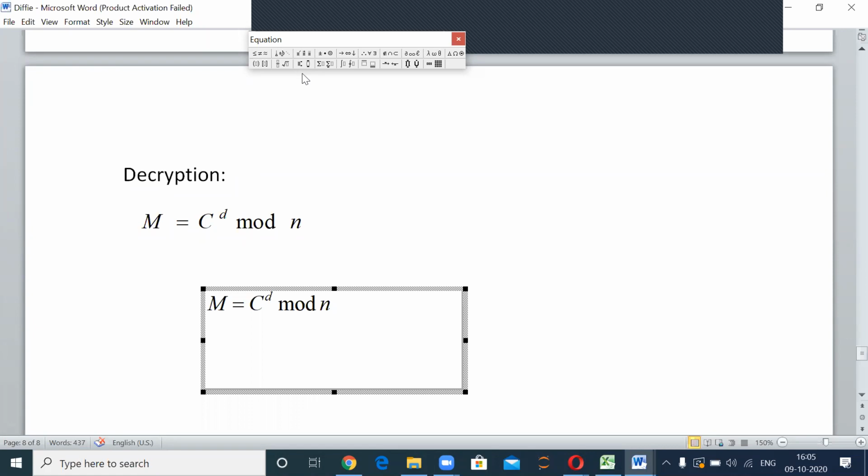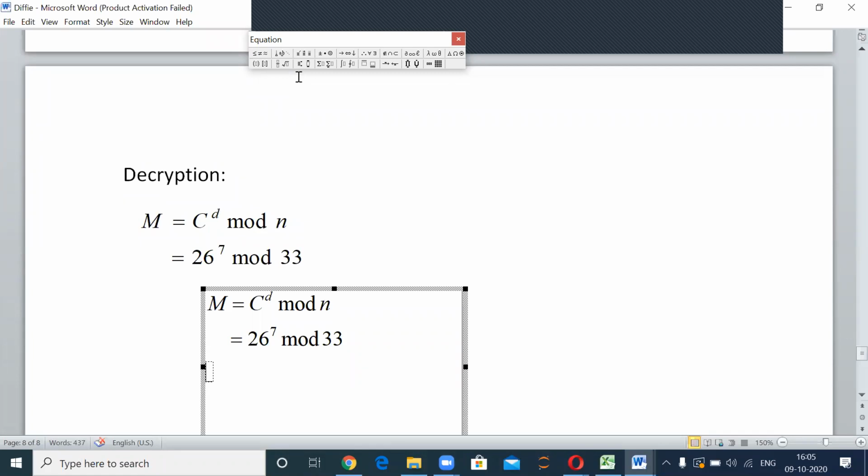The ciphertext we obtained, that is nothing but 26, which we calculated in the morning. C is 26, D is 7, mod 33. You know well how to calculate 26 power 7.